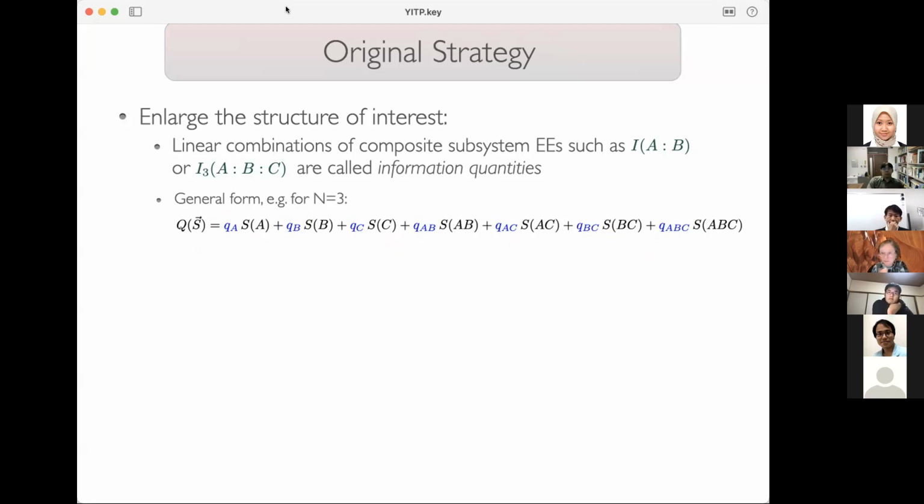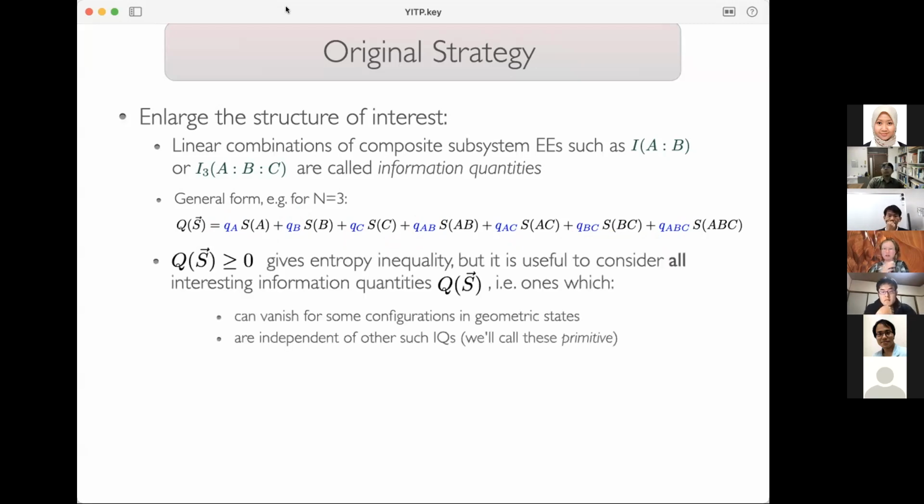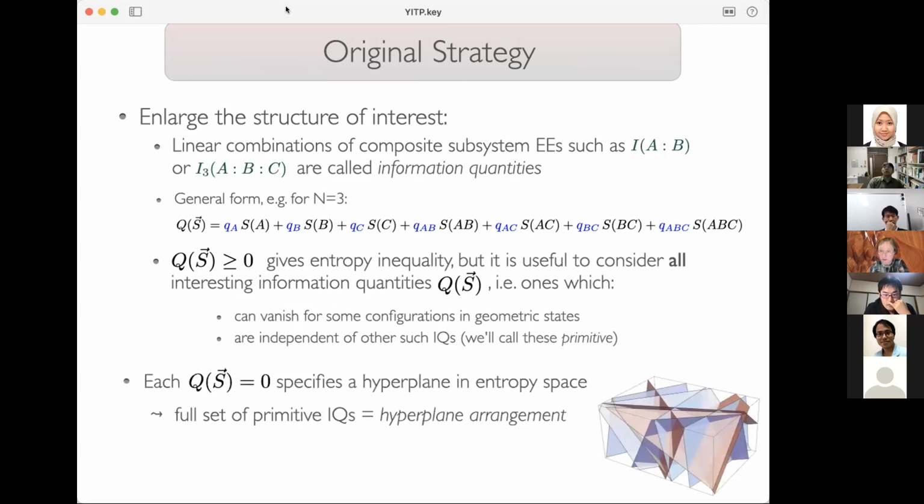That's what we call an information quantity, and we're interested in ones which can vanish without the others vanishing, meaning physically they characterize some independent multipartite correlation measure, but geometrically they are described by a hyperplane in the entropy space. They provide one relation that can be saturated with none of the other relations being saturated, meaning it's really a codimension 1 object, a hyperplane.